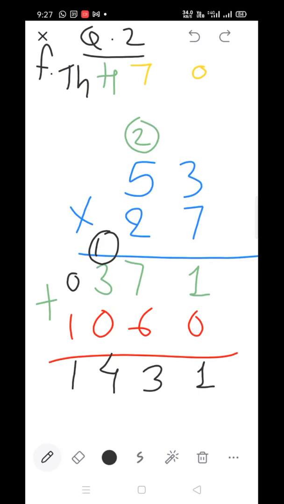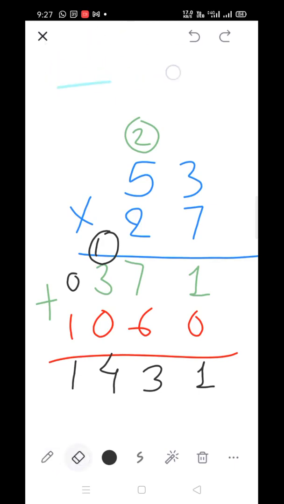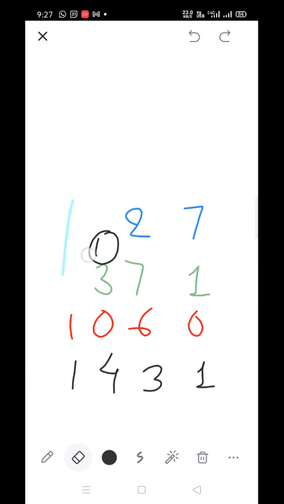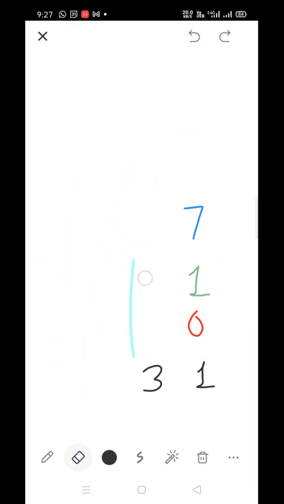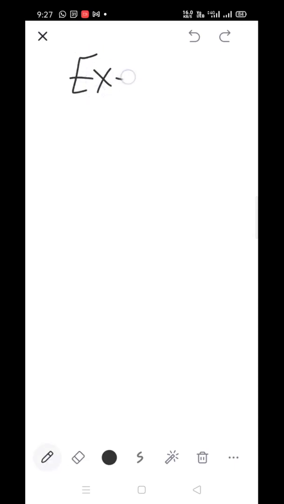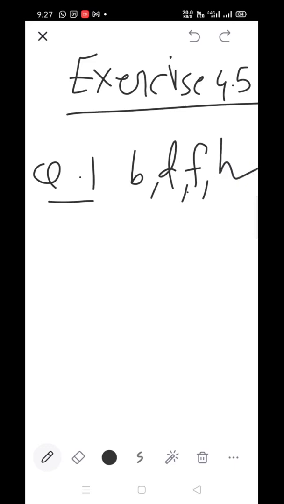What is your homework? Again, I am going to write it. In exercise 4.5, in question number 1, B, D, F and H is your homework.